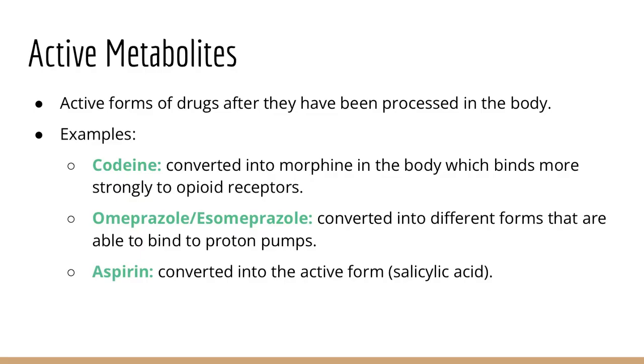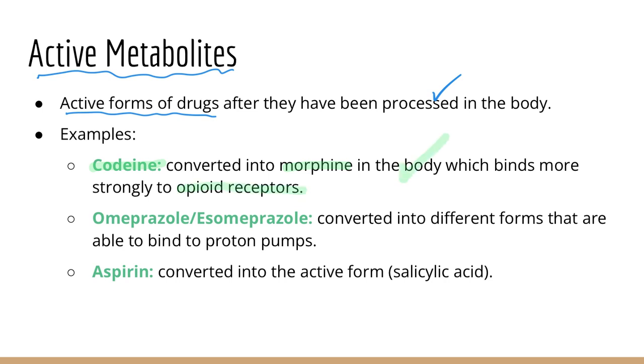Now, the proton pump inhibitors are considered to be active metabolites. These are basically different or active forms of drugs after they've been processed in the body. We have seen a few different examples in some of the other videos. For example, codeine will get converted into morphine in the body, which then binds more strongly to opioid receptors.